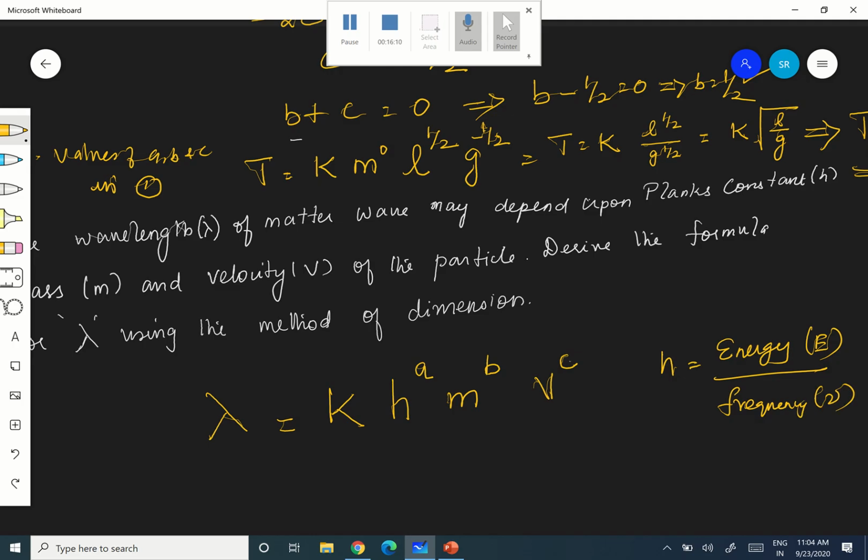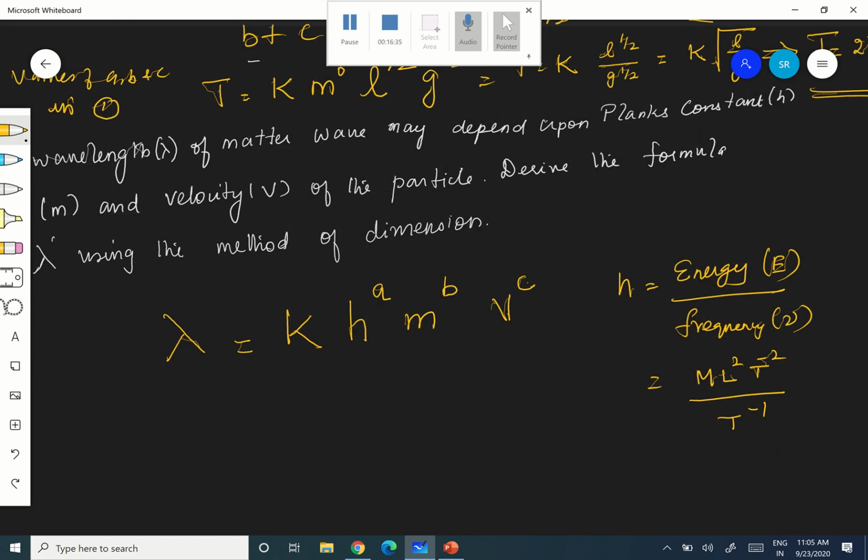Energy is M L squared T power minus 2, and frequency is T power minus 1.